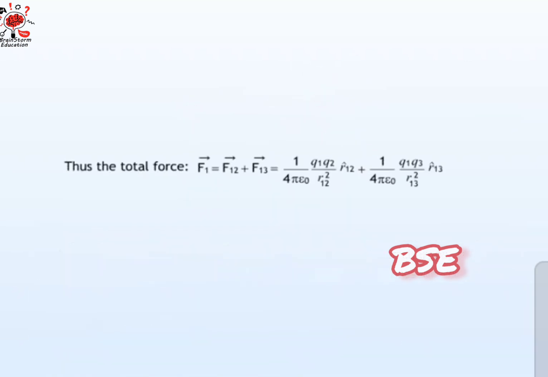Thus, the total force F1 vector is equal to F12 vector plus F13 vector. F12 vector is equal to 1 by 4 pi epsilon naught Q1 into Q2 divided by R12 squared into R12 cap.